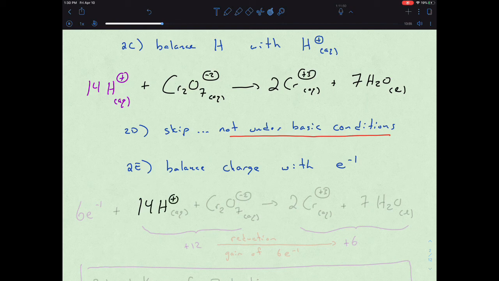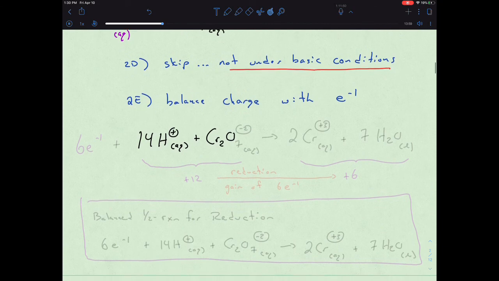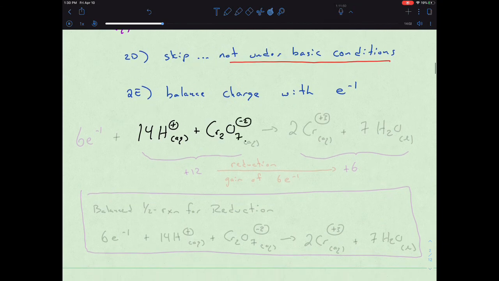We have 14 protons plus our dichromate produces 2 of the chromium ions and 7 H2Os.